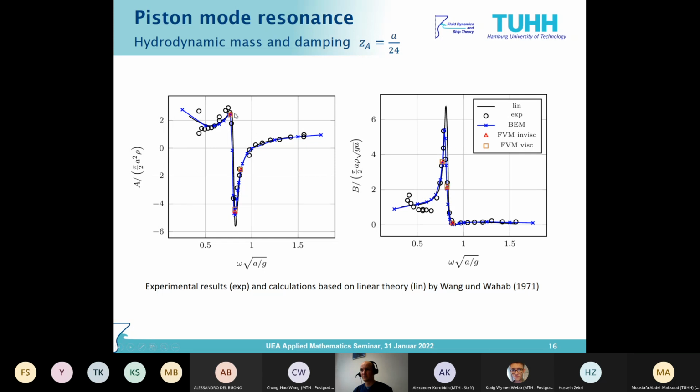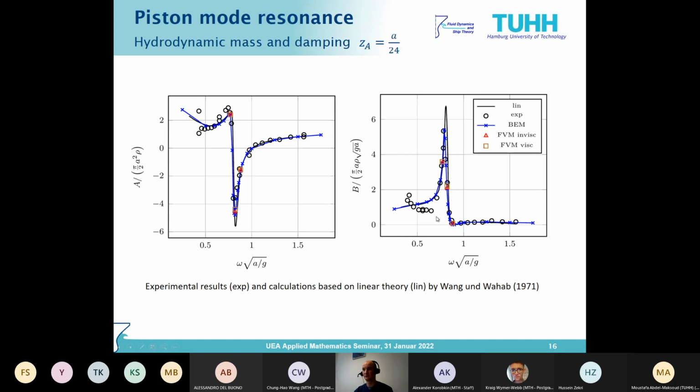We did finite volume simulations for 3 different frequencies, which are the other markers. You can see that the simulation results agree very well with the experimental results. There are some deviations in the lower frequency range. These are most probably due to oscillations of the end plates of the model, which happened in the experiments.